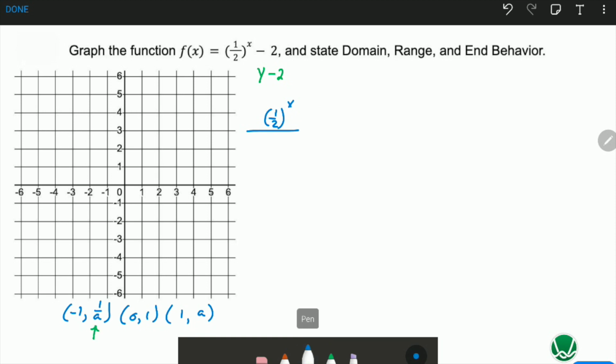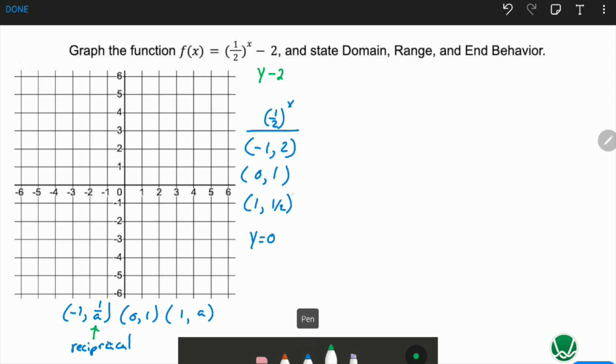So our generic points will tell me that it's -1, the reciprocal of 1/2, which is 2. Reciprocal. If it wasn't obvious, I can't spell, so don't trust that spelling because it's completely wrong. For the second point, it's always 0, 1. And the third point, 1, a, so 1, 1/2. And then the asymptote that we'll always use, y equals 0.